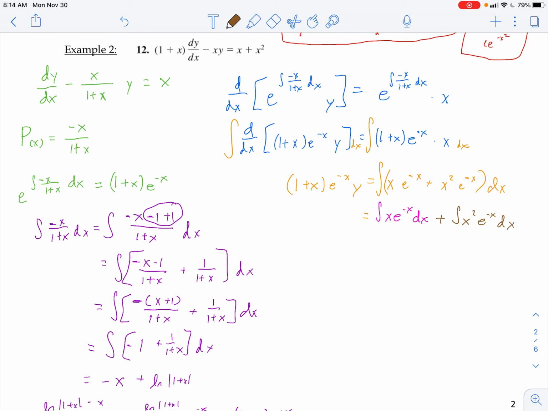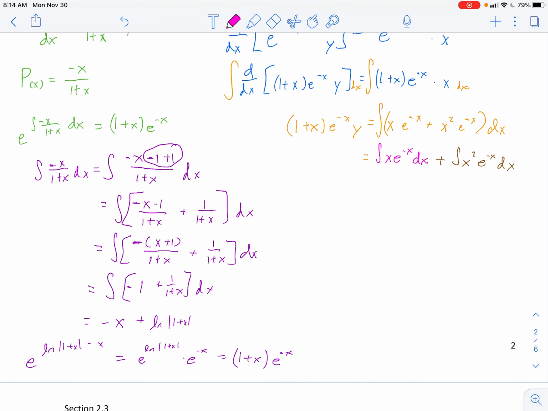Now, for the left-hand side, I'm going to do that tic-tac-toe method that you were taught in Calc 2, where we have x and e to the negative x. Again, you can use the UV substitution. It's just quicker to do it this way. Take the derivative of x, which is 1, take the derivative of 1, that's 0.